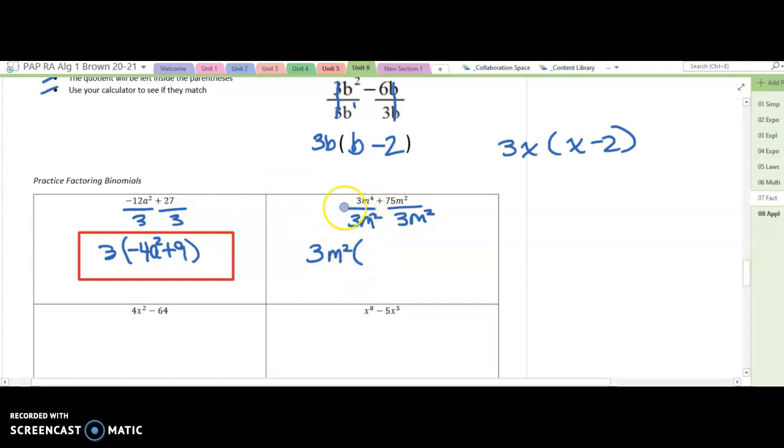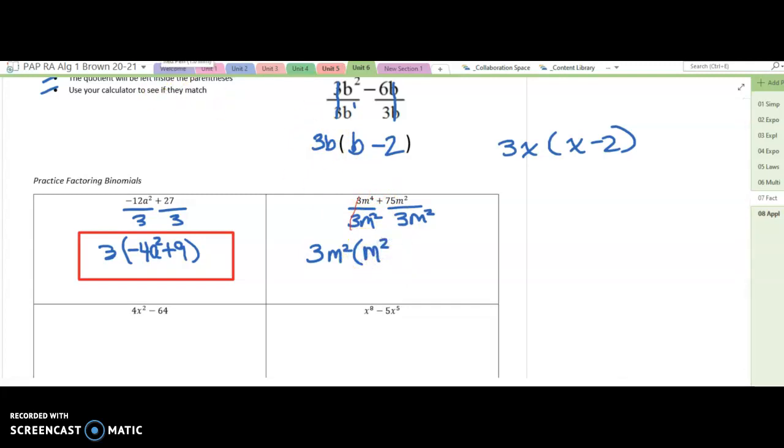So now I treat each one of these expressions. I need to simplify each one of them. So remember, 3 divided by 3 is just that 1. And remembering your division rule, m to the 4th divided by m to the 2nd, so 4 minus 2, this would be m to the 2nd power, all right?